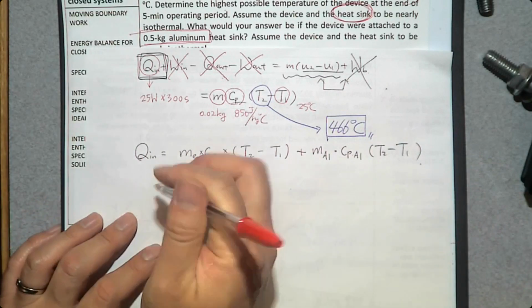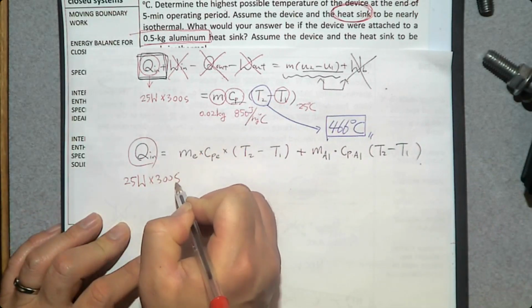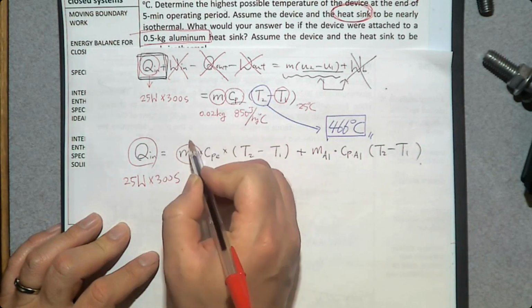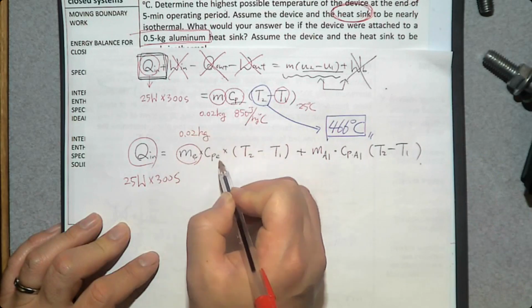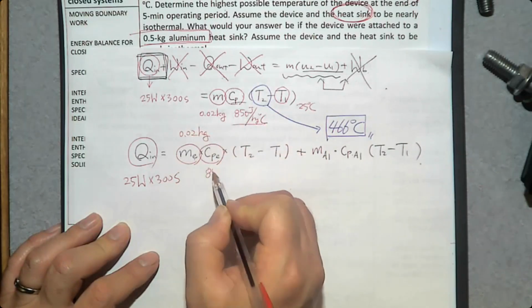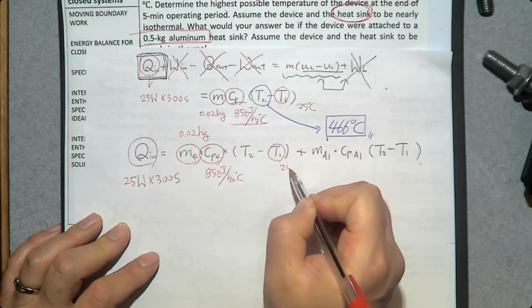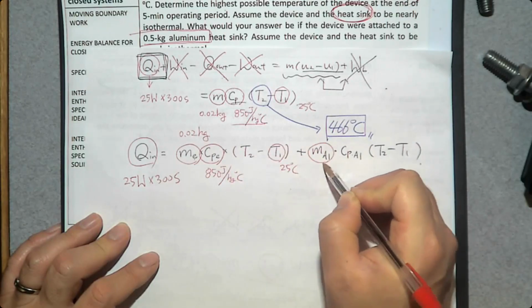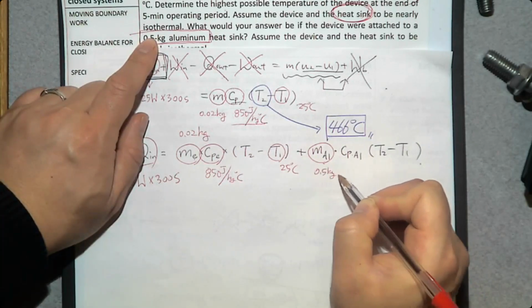Then what is Qn? 25 watt times 300 seconds. Mass of this electronic device, 0.02 kilograms. Specific heat of this electronic device, 850 joule per kilogram degree C. The initial temperature, 25. Mass of this aluminum, 0.5 kilograms.